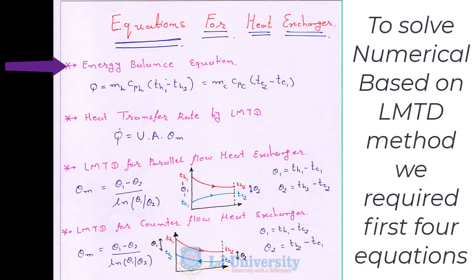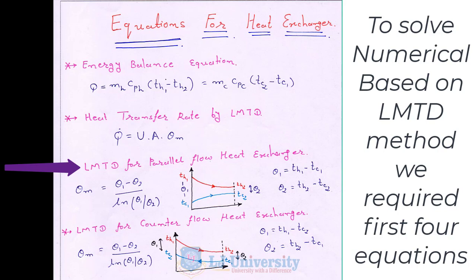Now, for solving numericals based on the LMTD method, we have these 4 equations. First is the energy balance equation: Q is equal to mH CpH times (TH1 minus TH2), and for the cold fluid mC CpC times (TC2 minus TC1). Second is the heat transfer rate by LMTD, which we have just derived: Q is equal to UA delta Tm, where delta Tm is the logarithmic mean temperature difference.